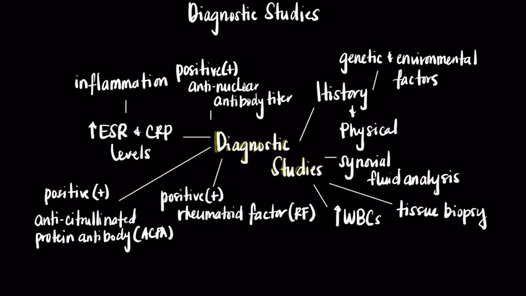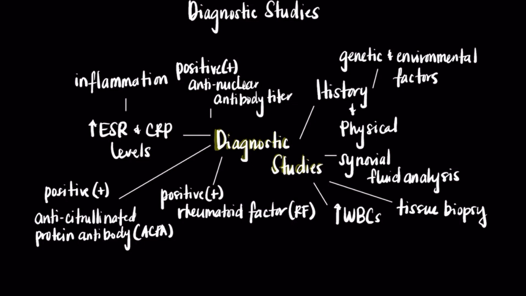Other labs, such as an elevated erythrocyte sedimentation rate and C-reactive protein or ESR and CRP respectively, tend to be present, as both markers tend to indicate inflammation, which is characteristic of rheumatoid arthritis. A positive anti-citrullinated protein antibody is also present in rheumatoid arthritis and is typically more specific to RA than rheumatoid factor.